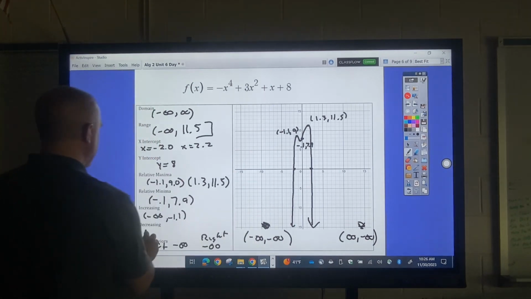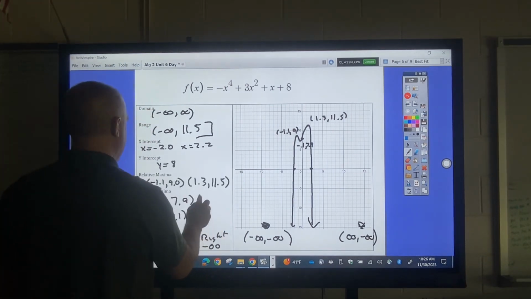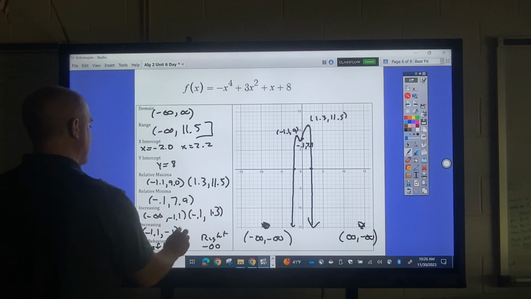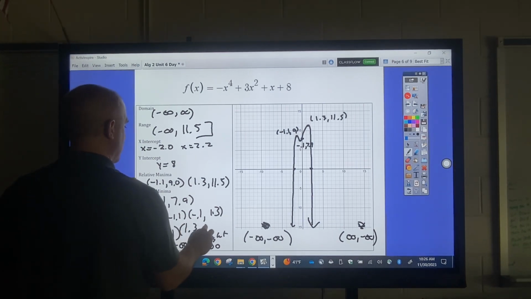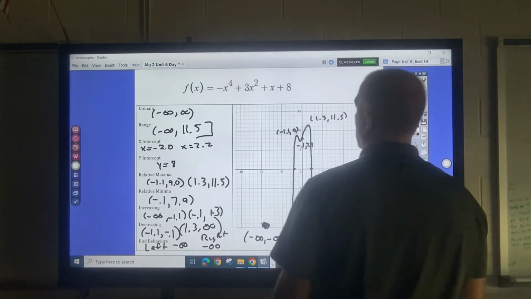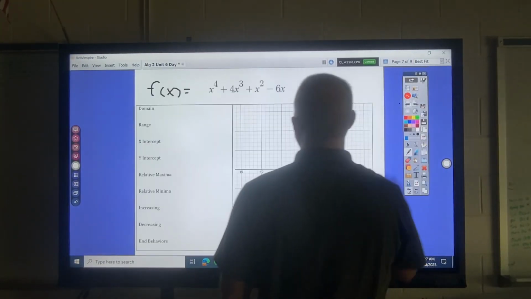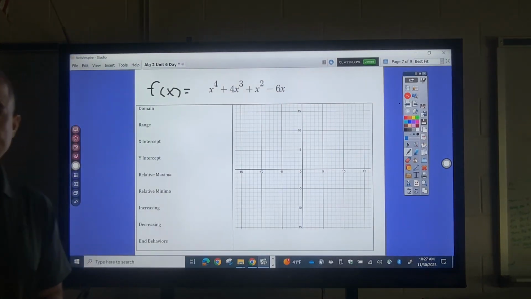Then it's dropping from negative 1.1 to negative 0.1. Then it's rising back up from negative 0.1 to 1.3. And then it's decreasing from 1.3 to infinity. All right. Is it just that one? Yep. All right, we'll do one more with the x to the fourths.